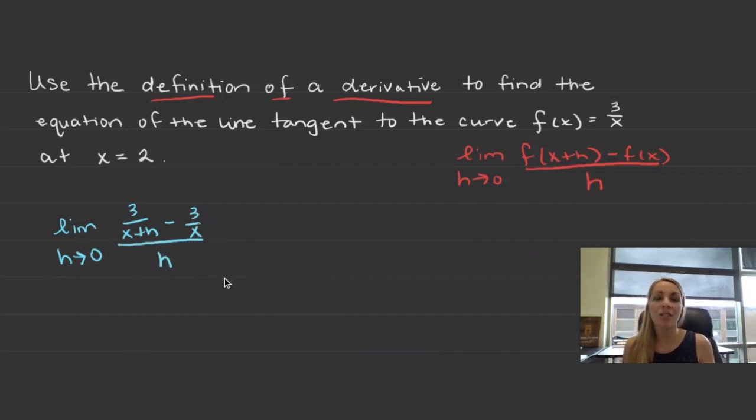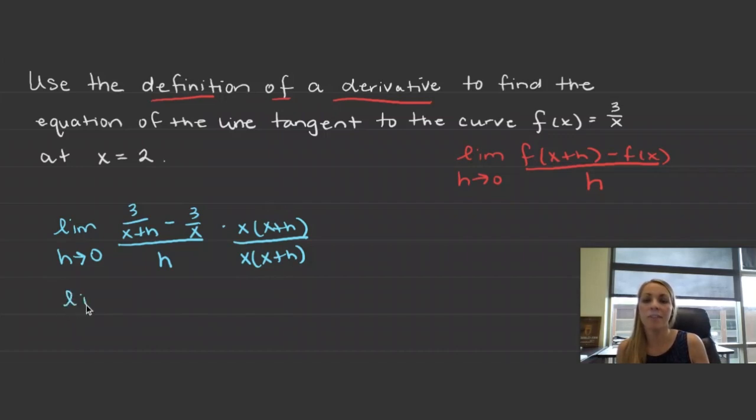Now this is a complex fraction, so I'm going to fraction bust to get things out of the denominator. I'm going to multiply the top by the quantity x plus h, and since I can't just multiply the numerator, I'm also going to multiply by the denominator with an x times the quantity x plus h, because this is a 1.